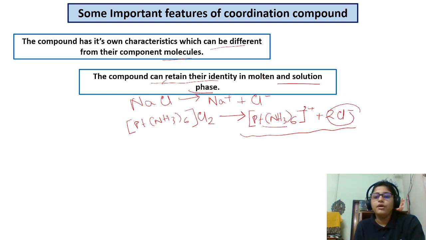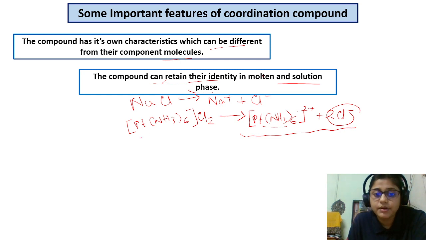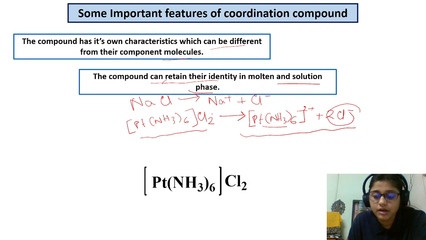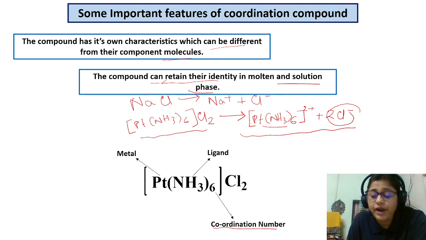So now we have to see the parts of the coordination compound. This is the same example, right? Metal and ligand, I previously told you, and 6 is the coordination number. It is also very important, because to find a geometry, the coordination number is very important.